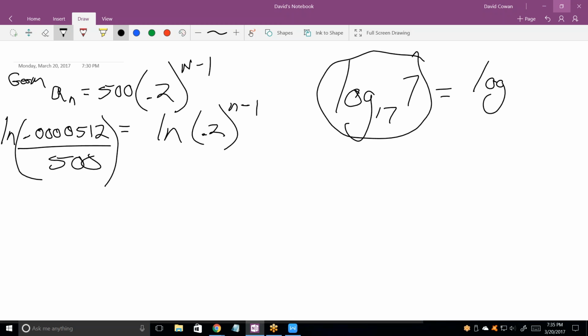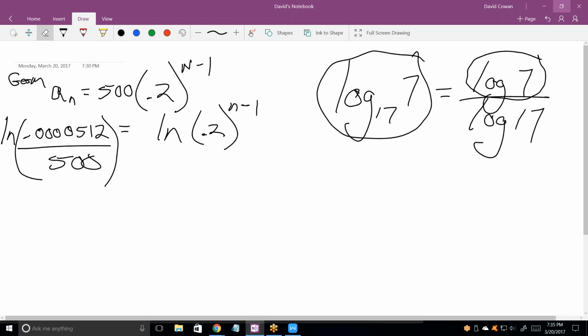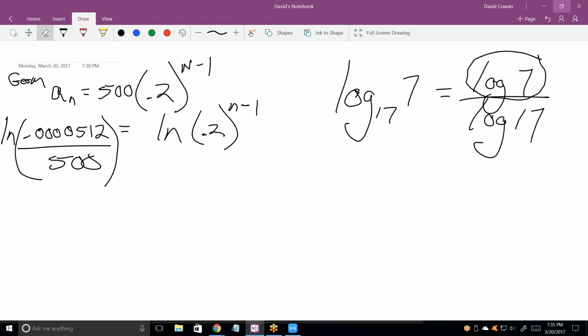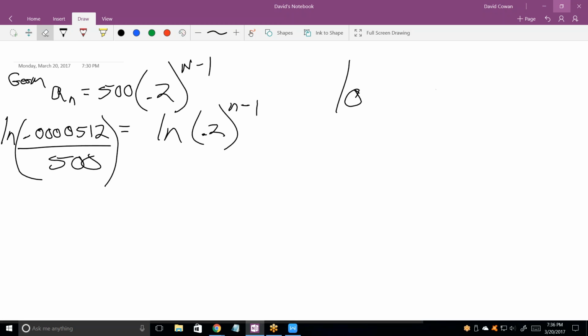That becomes the log of the higher number divided by the log of the base. And then you've got, that's common log, or natural log of 7 divided by natural log of 17. So when you're dealing with these oddball bases, you've got to use the change of base formula to come up with an answer. Therefore, it's better not to deal with those oddball bases. You generally want to use either common log or natural log. Okay, I've used natural log here.